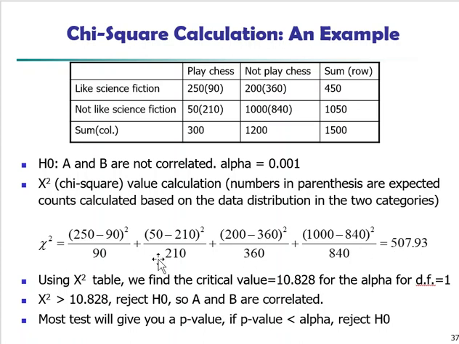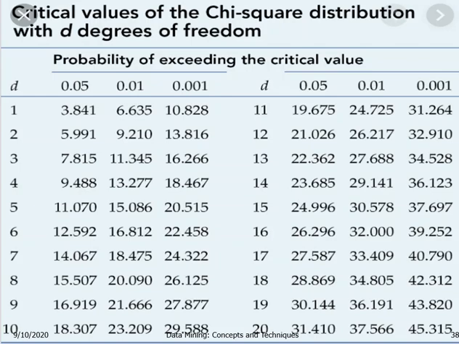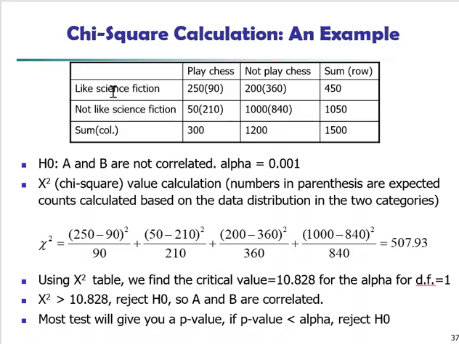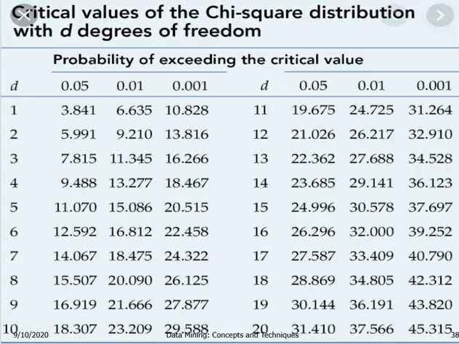Using the chi-square table, because the degree of freedom is 2 minus 1 times 2 minus 1, we have a degree of freedom of 1, and our test significance is 0.001. Therefore, the chi-square critical value is 10.8.